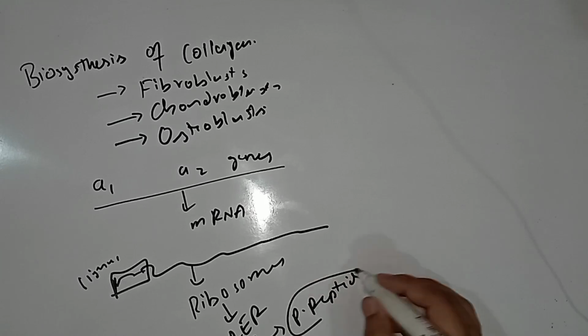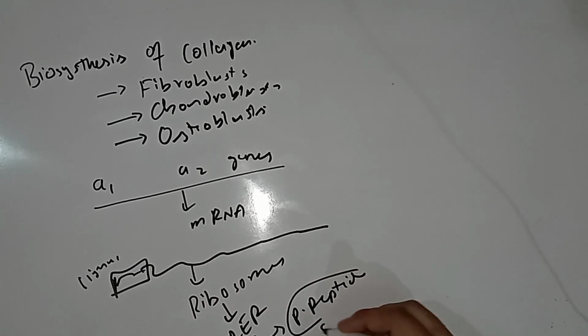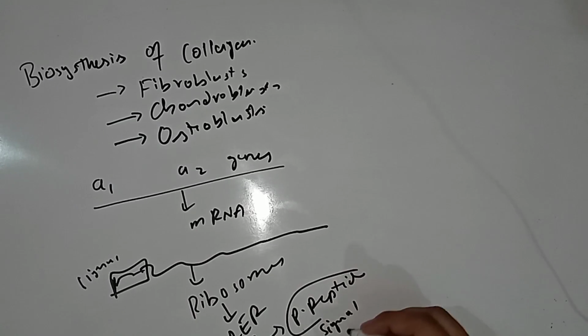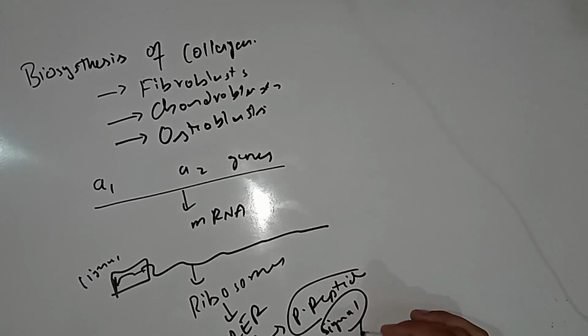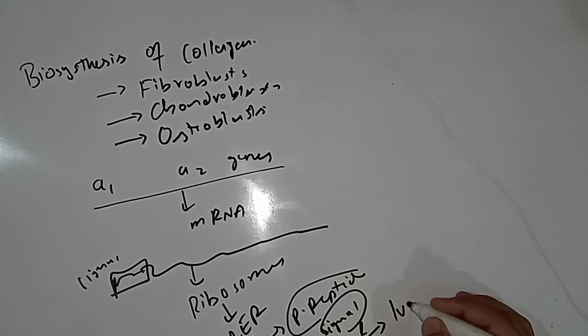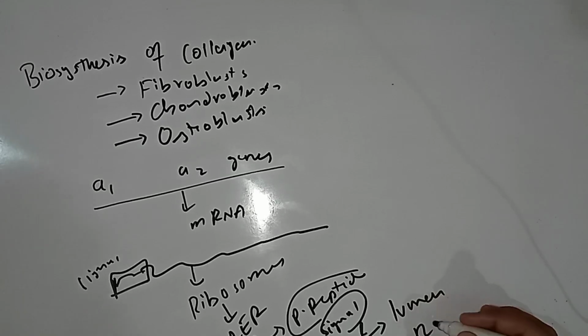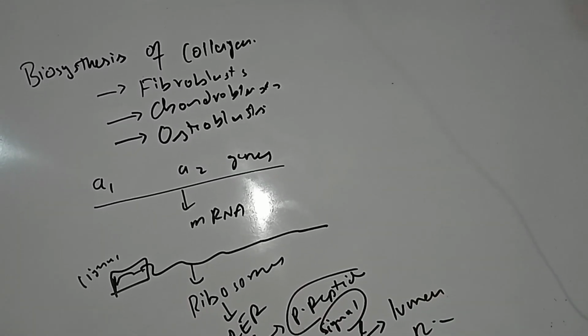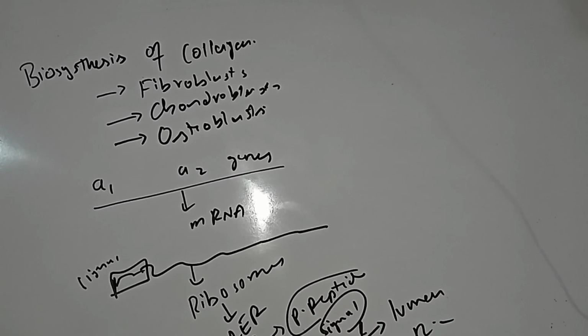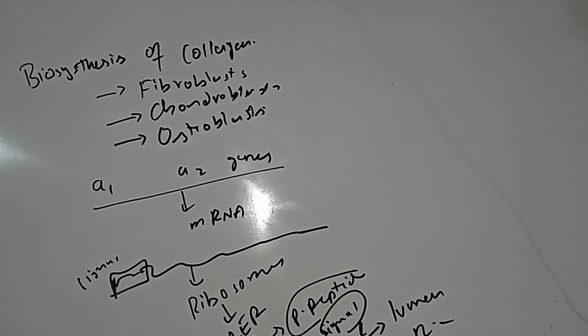The polypeptides also have the signal sequence at their N-terminal end, which directs these polypeptides into the lumen of the rough endoplasmic reticulum. So what has happened till now? The alpha 1 and alpha 2 genes are transcribed, and they lead to the formation of messenger RNA.